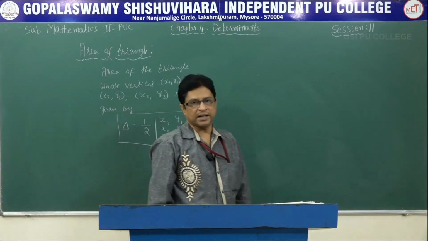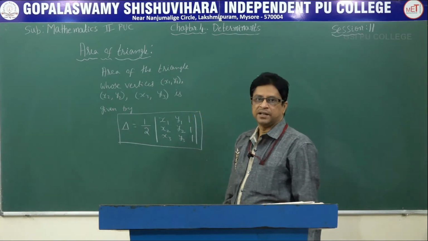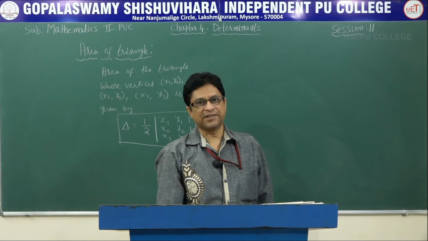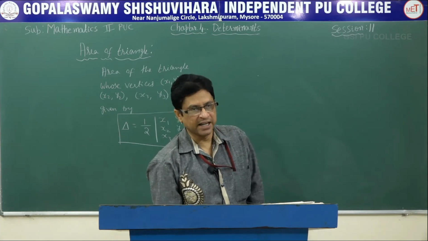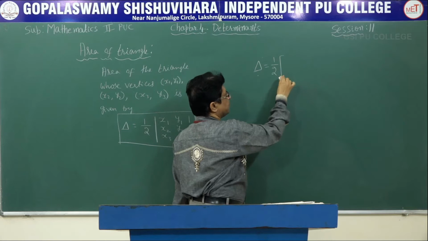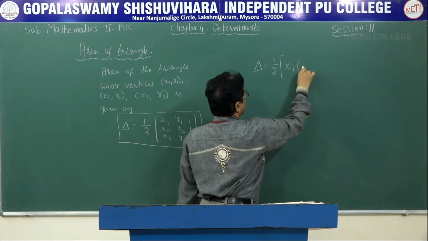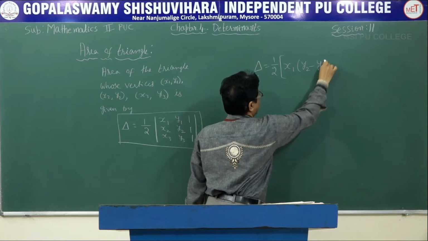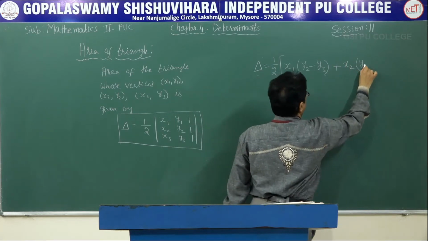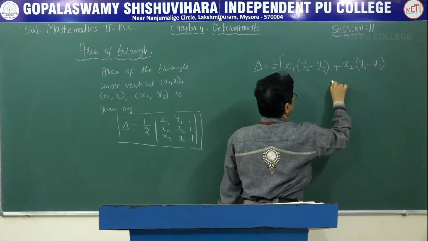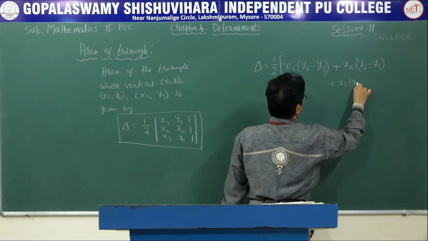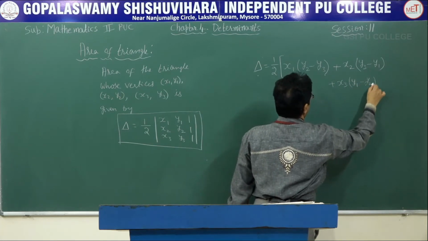In the lower class, that is in the first PUC, you have studied that the area of the triangle whose vertices are given by x1, y1, x2, y2 and x3, y3 is half into x1 into (y2 minus y3) plus x2 into (y3 minus y1) plus x3 into (y1 minus y2).